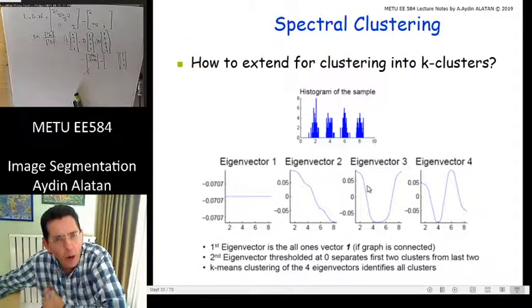This is giving more extra information for us. It is giving us that, for example, these two are different from here. If you put a threshold here, these guys will be maybe belonging to this one, and those guys belonging to this one.